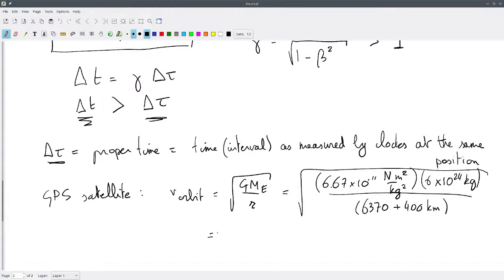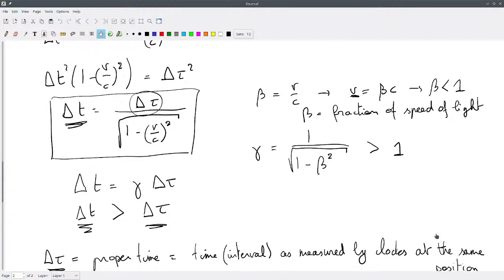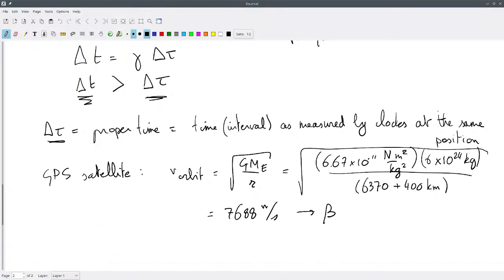If I calculate this orbital velocity, that's 7,688 meters per second. And I can calculate my beta from that. The speed of light in vacuum is 3 times 10 to the 8 meters per second. So beta is V orbit over c, 7,688 meters per second divided by 3 times 10 to the 8 meters per second.